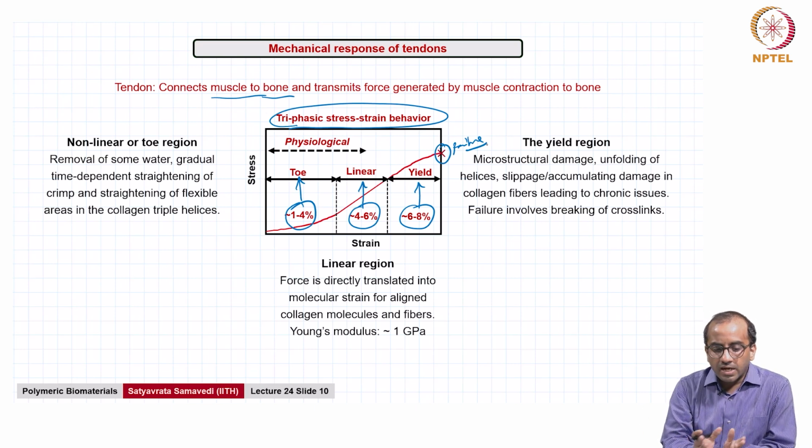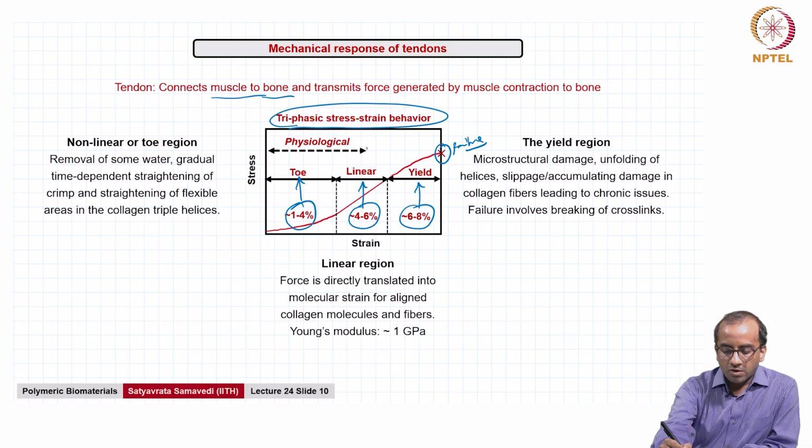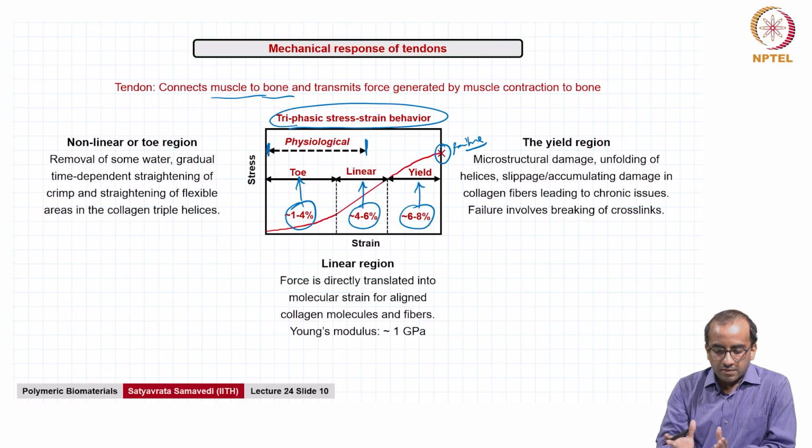So let's quickly look at what's happening in each of these three regions. And of course, to contextualize this, largely we are showing that this is sort of the physiological range over which you operate. For usual walking, regular activities, you will not typically cross 3-4%, right? That's about the limit. Whereas for heavy exercise, etc., you may stretch it to about 6% or so, right?